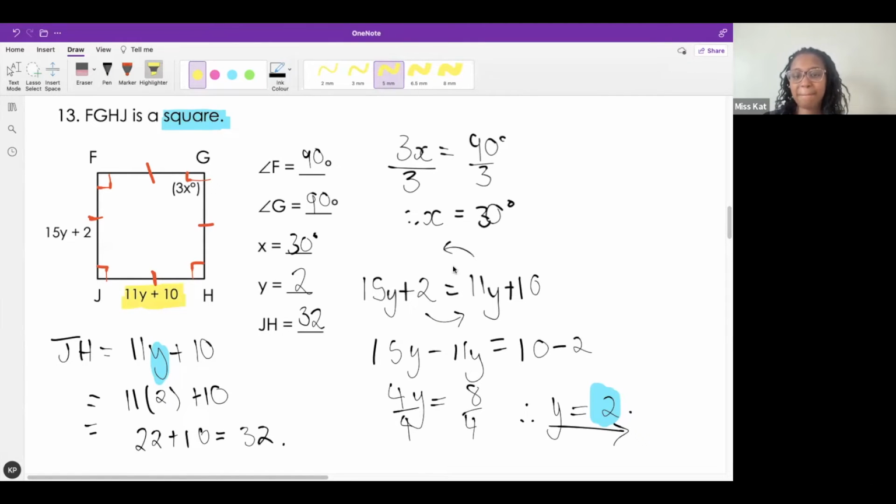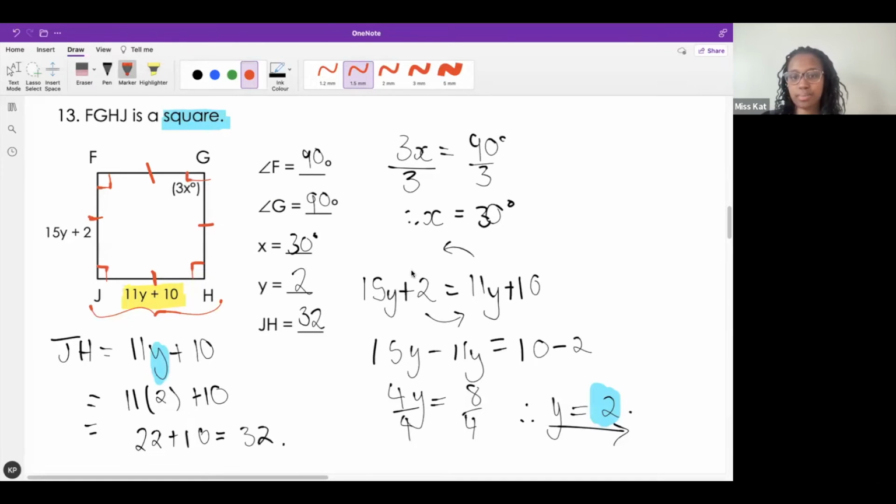It was given, Keegan. Can you see the sketch? So you look at the side JH, that would be this one. So JH is that side, and it was given that the side is 11y plus 10.